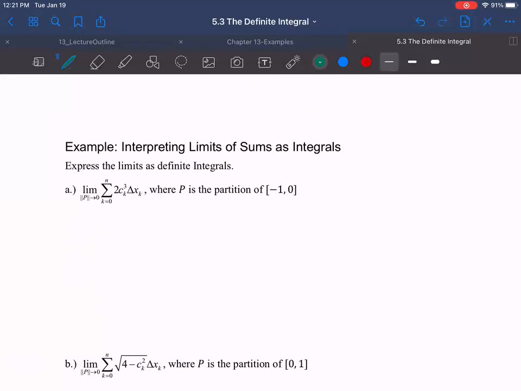So we're taking that limit. We would write this instead of as a limit over a summation like that. We want to turn this into a full-on integral. Our function here, you can see we have 2 ck cubed. What do you think our function is actually?